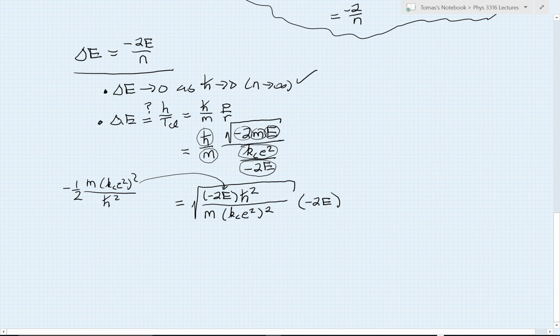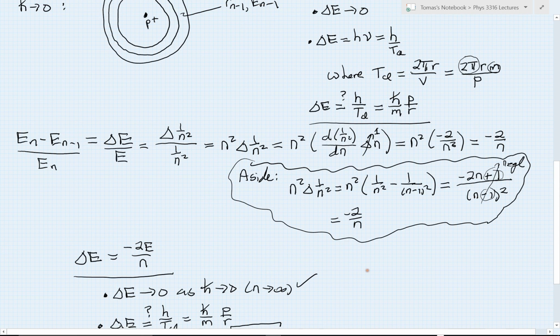Now I want you to notice some things. When I insert this in for E, the minus 2 will cancel the minus 1/2. The mass in the denominator is going to cancel the mass in the numerator. The Coulomb pieces squared in the denominator are going to cancel the Coulomb pieces squared in the numerator. Planck's constant squared in the numerator cancels Planck's constant squared in the denominator. It looks like everything has canceled out except I made a small mistake.